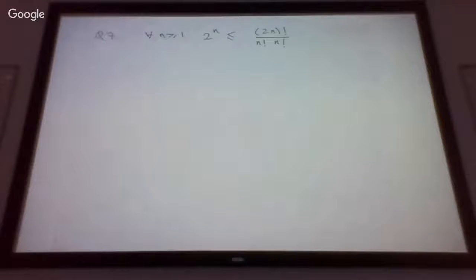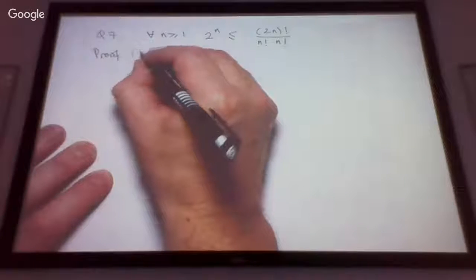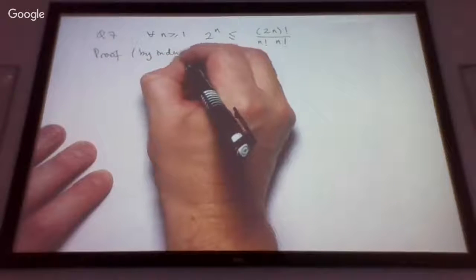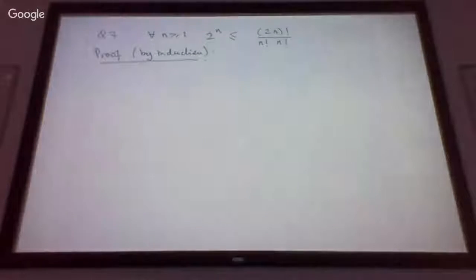So this is what we're trying to do. Again, it certainly is a candidate for induction because it's an infinite set of statements indexed by n.